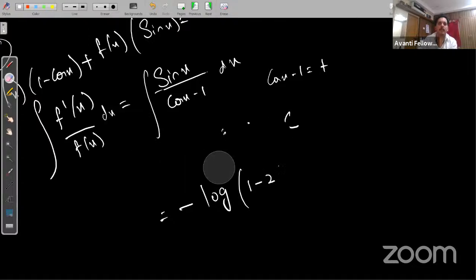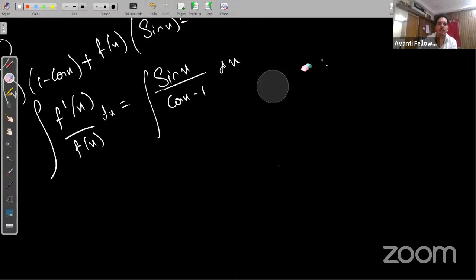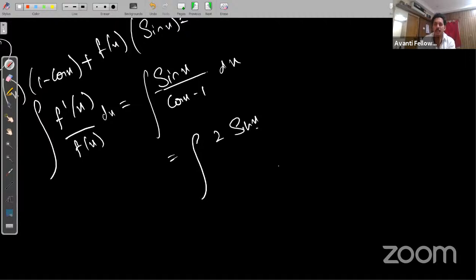Okay, so here is a mistake while doing the integration. Look at here, everyone. So sin x can be written as 2 sin x by 2 into cos x by 2, and for cos x I won't take 2 cos square x by 2 minus 1, I will take 1 minus 2 sin square x by 2, minus 1.